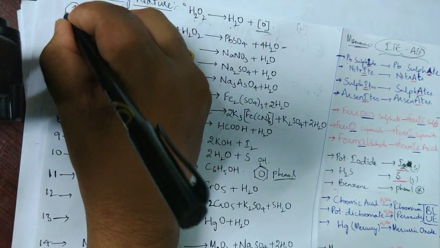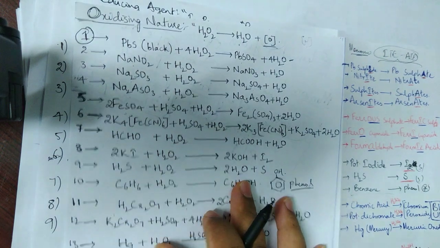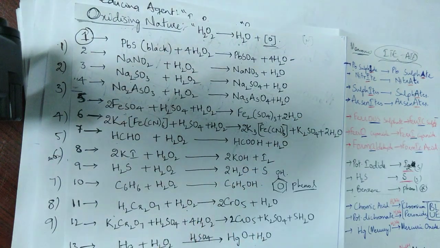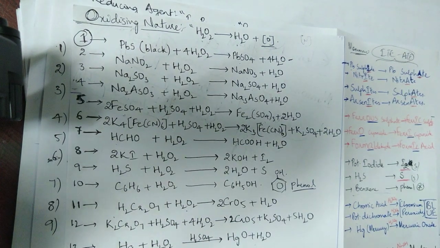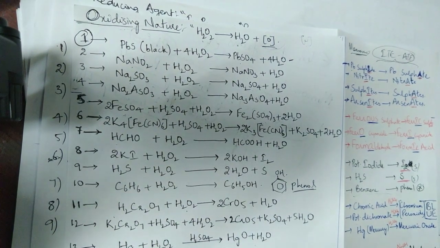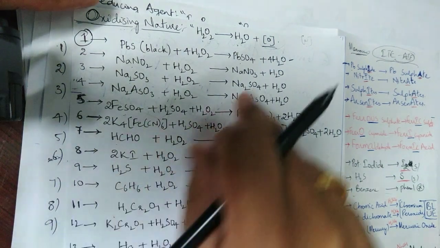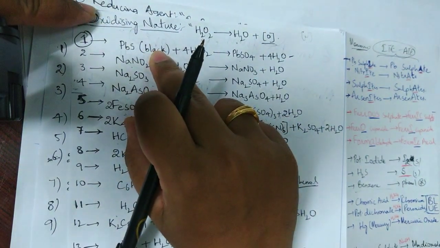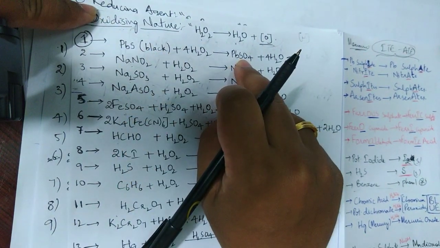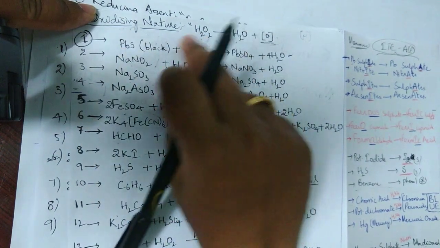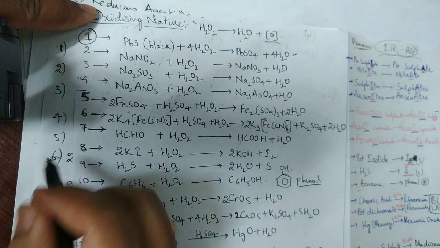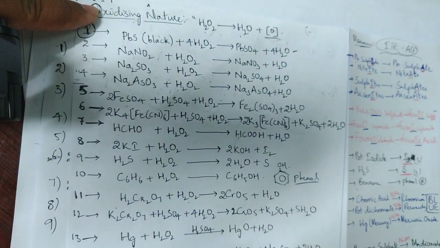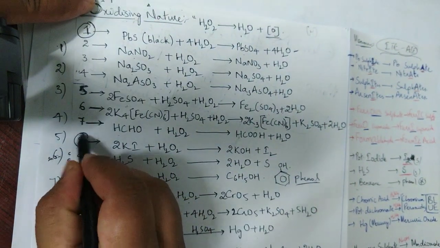Okay, I'm circling the reactions. Test for H2O2, and they give you 4 reactions or some reactions, and they'll say out of these reactions which is the test for H2O2. So these are the tests. Whenever I find the black color going out and it giving white lead sulfate, then that's a test, like the compound that I've used is H2O2. Okay, and with potassium iodide also, this is another test.